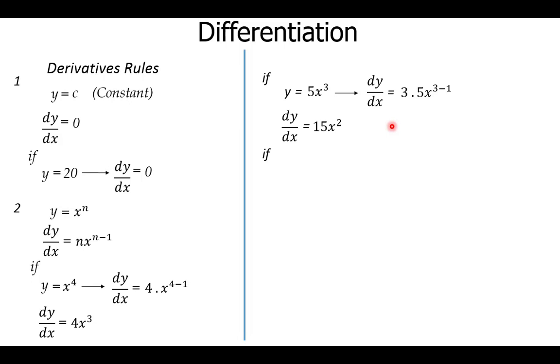One more example. If we have that y is equal to 4x to the power 4 plus 5x to the power 3 plus 7x squared plus 13x plus 12, what is dy/dx? Now, this example is just a way of showing us that differentiation is linear in nature.